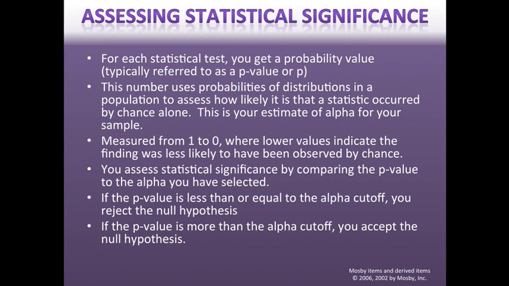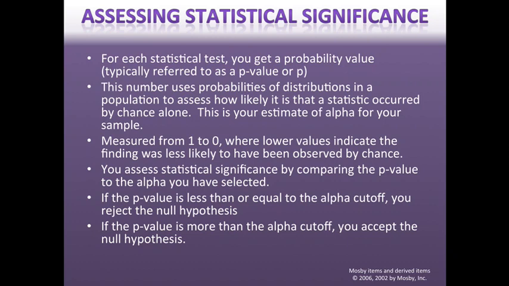So the estimate that you get from this is the estimate that this happens based upon just chance alone, right? How likely is it that the results that you see are happening by pure chance, right? And that's ranging from 1 to 0, right? And the lower the number is, the less likely it is to have been observed by chance.